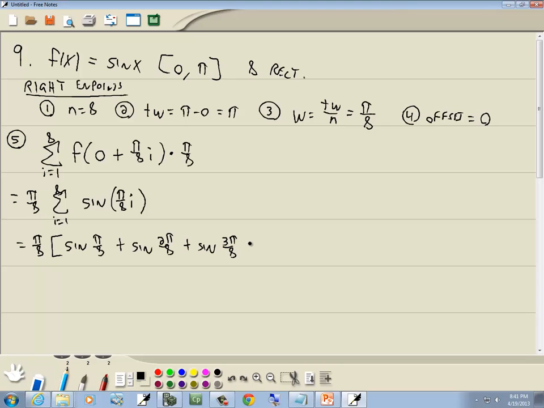And you probably see a pattern here, don't you? This will be sine of 4 pi over 8 plus sine of 5 pi over 8 plus sine of 6 pi over 8 plus sine of 7 pi over 8. And it goes all the way up to i equals 8, so we're going to have plus sine of 8 pi over 8.